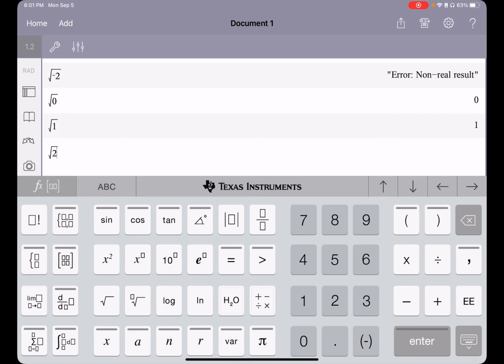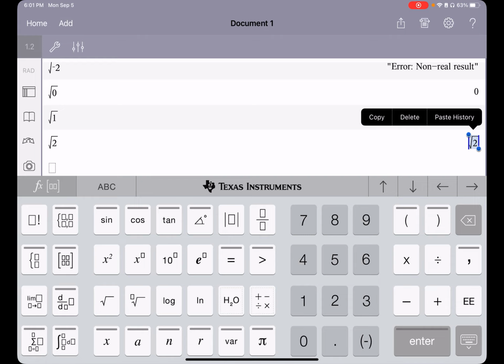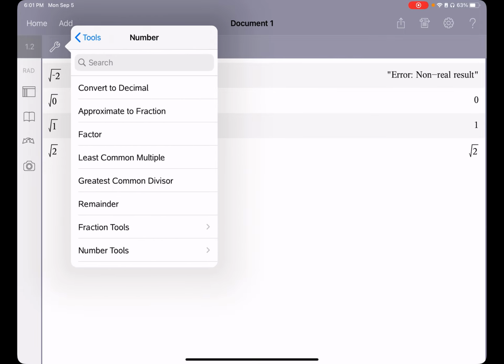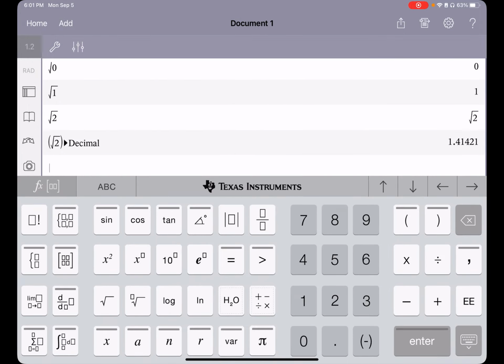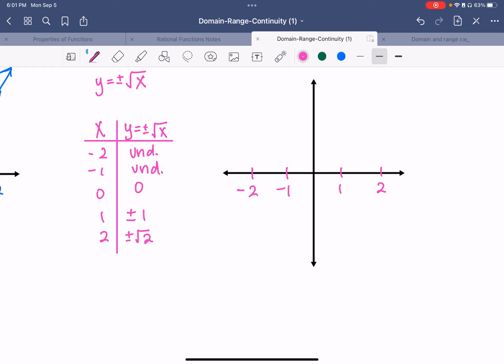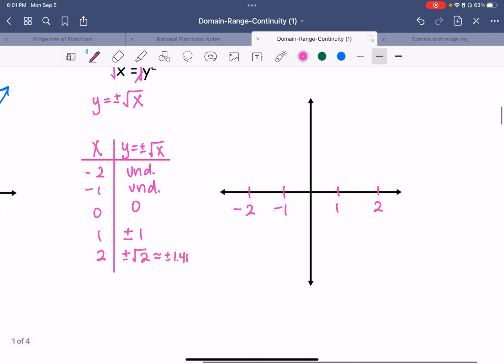The square root of 2, if I approximate this to a decimal, it's approximately 1.41. So approximately equal to plus or minus 1.41. So now that I have some points, I can put this on my table as well.